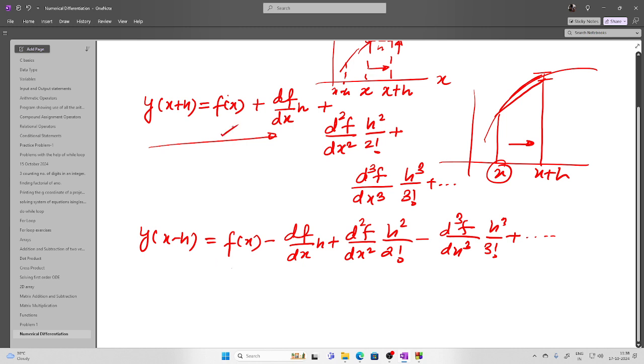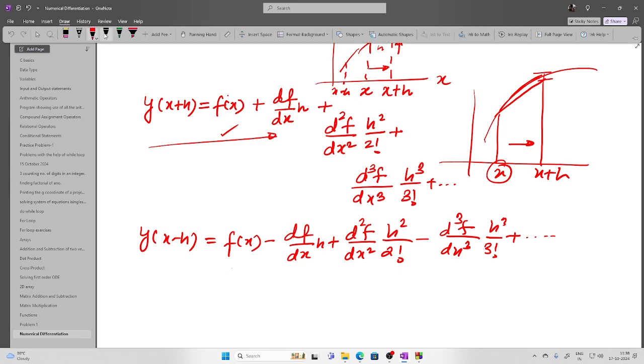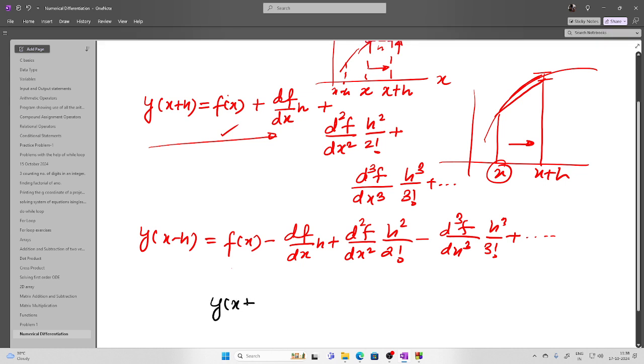If you take the forward direction series, what is y at x plus h? That is nothing but the value of the function at x plus h.